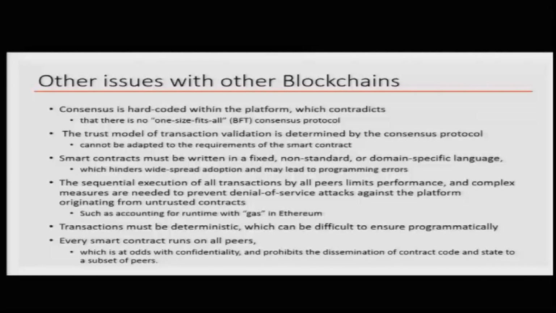Another thing is that in Bitcoin, for example, you have to write any kind of complex business logic, like micropayments or escrow, in a non-standard fixed language called Bitcoin script language. In the case of Ethereum, you have to write them in Solidity. There are a few other languages which can also convert to EVM bytecode. But in the case of Hyperledger, as I said before, you can write the smart contracts in any programming language, because there is no EVM or VM concept associated with them.